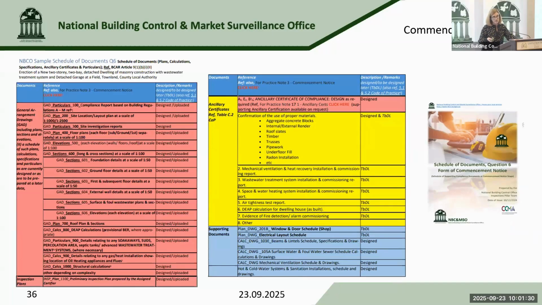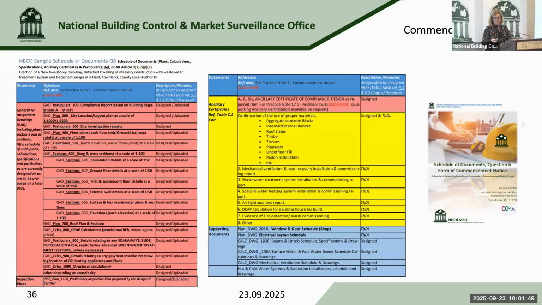And going through the documentation then, as I said, question 6 and the schedule of documents is most important because it should identify all of the design elements. And this is an example here from the support document that Mairead mentioned, which we've prepared ourselves.